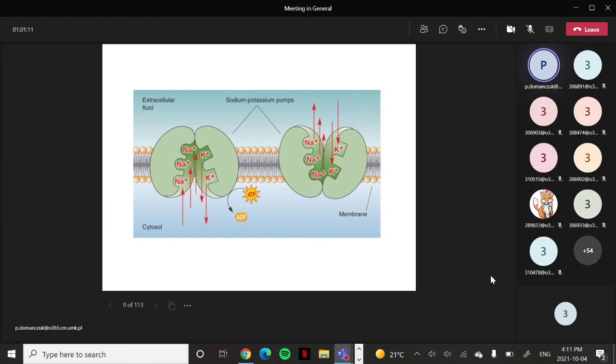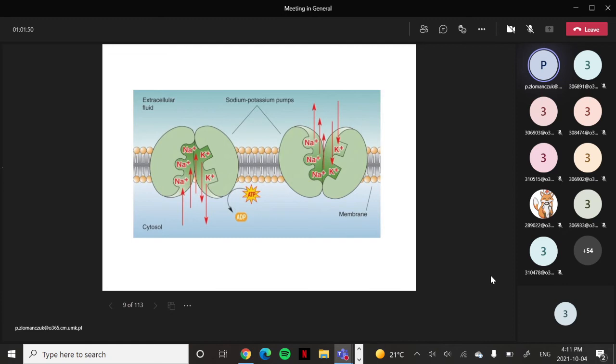That means that due to the activity of those pumps, which are very numerous, densely packed in the cellular membrane, the negative charge is growing inside of the cell. This work of the pump is causing a deficit of positive charges. Therefore, the net charge within the cell is becoming negative. So this is the so-called electrogenic effect of sodium-potassium pump work.